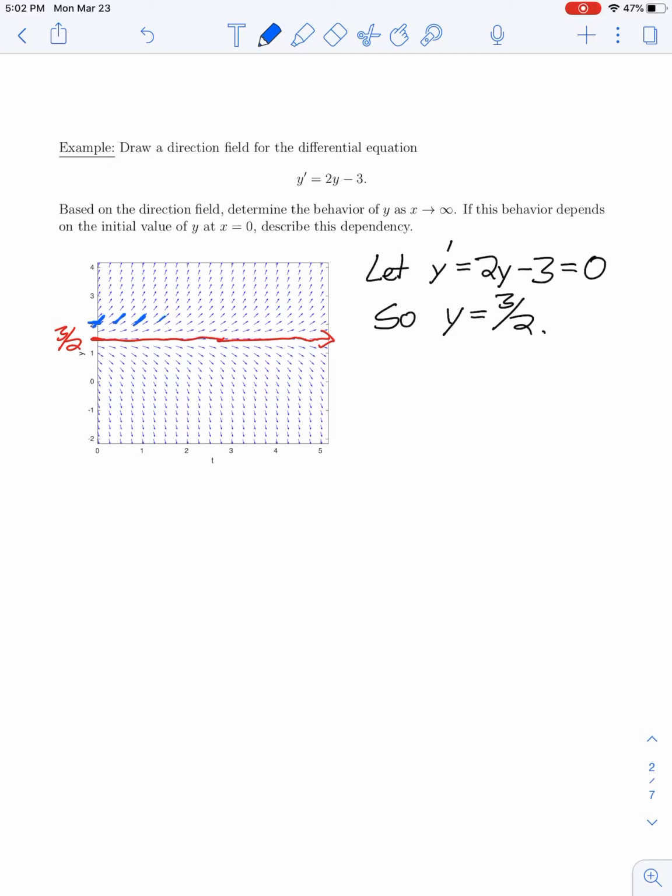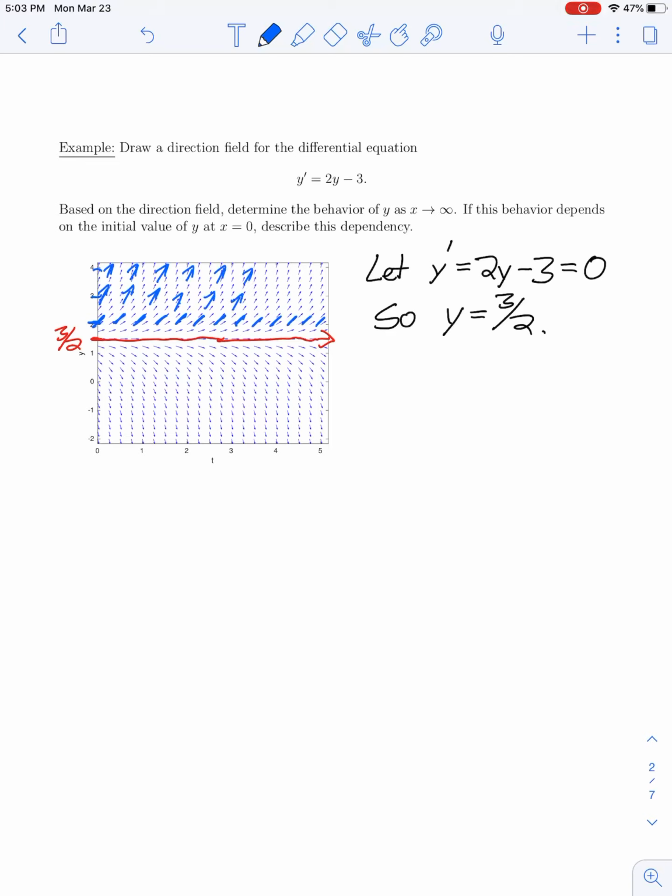So for any point on the line where y equals 2, we have a tangent line that has slope positive 1. So we get these little direction arrows. And if we were to keep making y larger, say 3 or 4, y prime, which is 2y minus 3, would keep getting larger. So as we're moving upward, we're getting these little direction arrows with steeper and steeper positive slope.